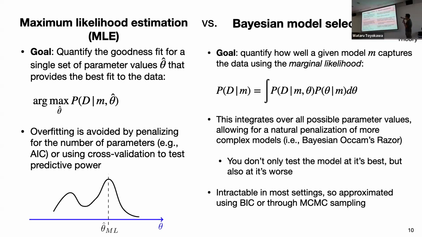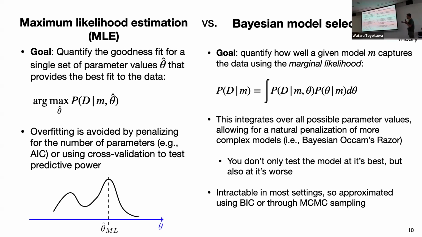In the Bayesian framework, we're trying to figure out, not only are we trying to value the model at its best, we also want to capture the model across the entire range of parameters, theta, right? So we're trying to capture what's known as the marginal likelihood, where we're integrating over the entire space of parameters. We're not only capturing the model at its best, but also at its worst.